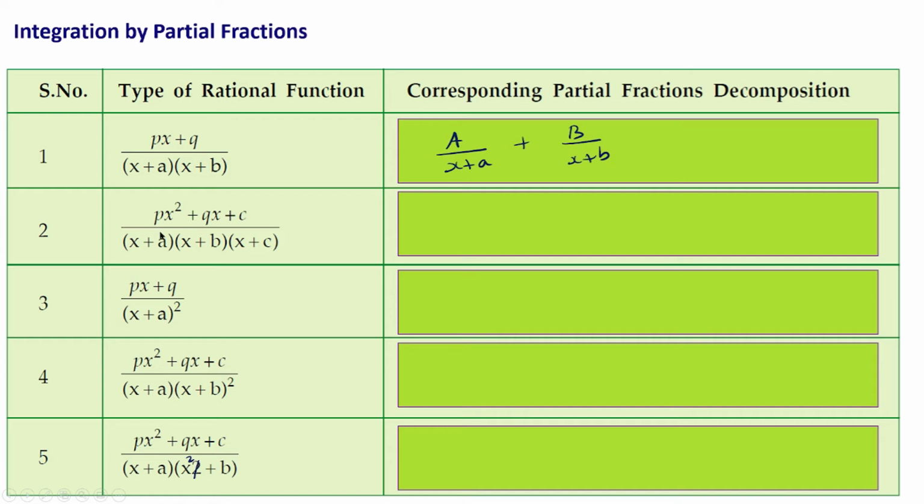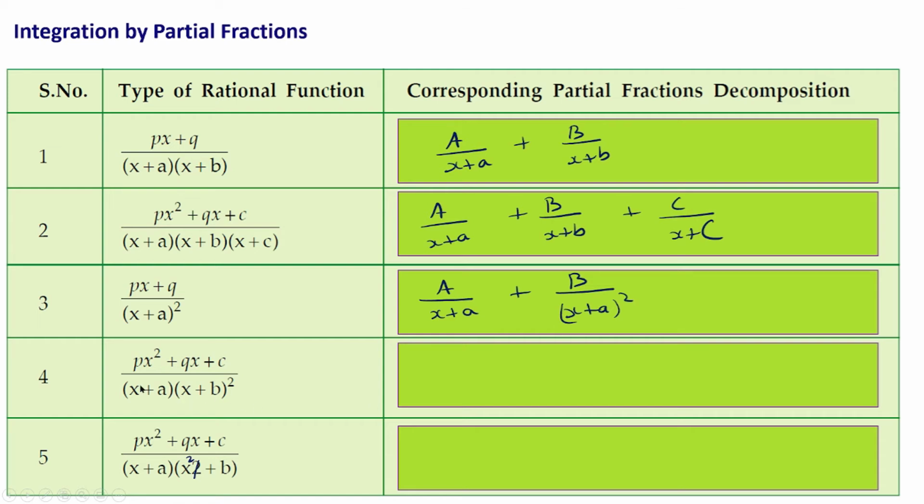Next, if the rational function is of the form px square plus qx plus r upon (x plus a) into (x plus b) into (x plus c), then the decomposition is A by x plus a plus B by x plus b plus C by x plus c. And next, if it is of the form px plus q upon (x plus a) the whole square, then the partial fractions are A by x plus a plus B by (x plus a) the whole square.